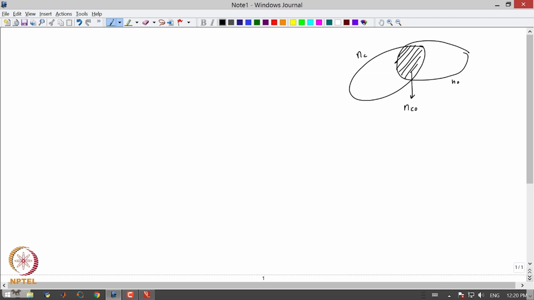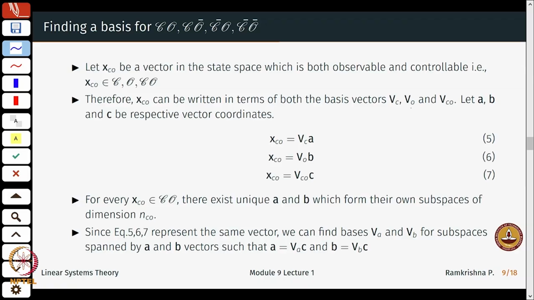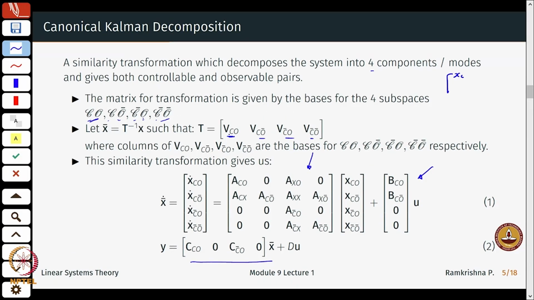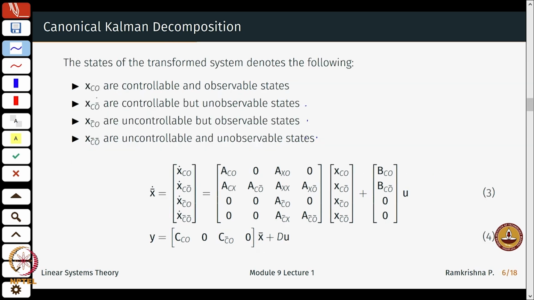Okay. Now the aim is to find these 4 bases here, this VCO, VCO bar, VC bar O and VC bar O bar.